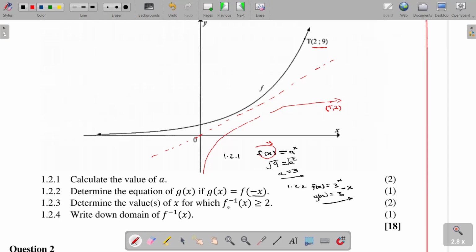So we are saying for which f(x) is greater than 2, it can only be greater than 2 after this point, and it means the value of x will be greater than 9. So greater than or equal to 9.